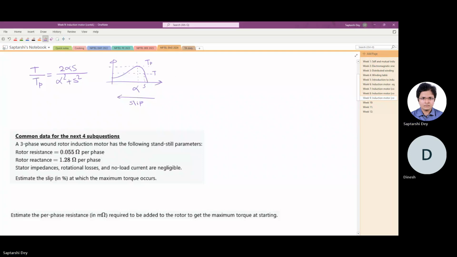And we have also seen that on the inclusion of rotor resistance, the torque speed characteristic of the motor changes like this.